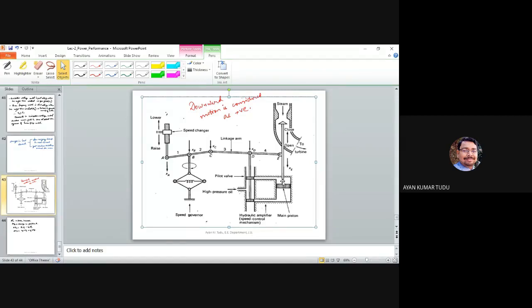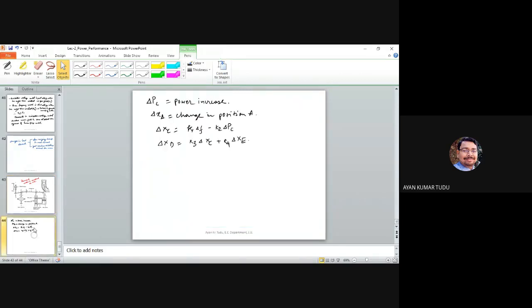I'm again repeating that the volume of oil admitted to this cylinder is proportional to the time integral of delta XD. So we can say that delta XE can be represented as minus K5 times the integral from 0 to t of delta XD dt.